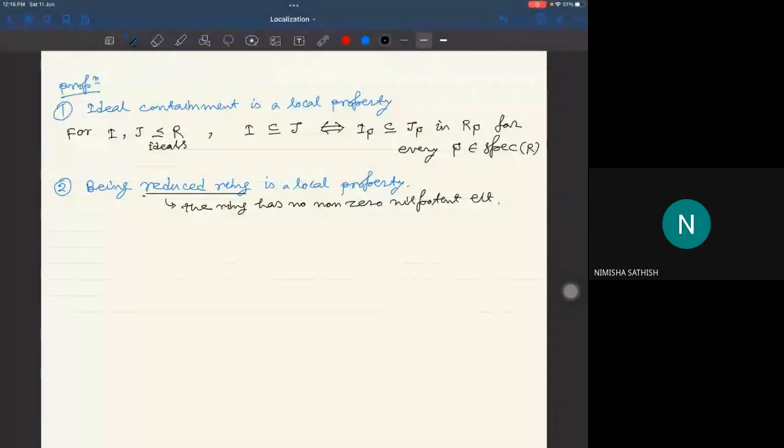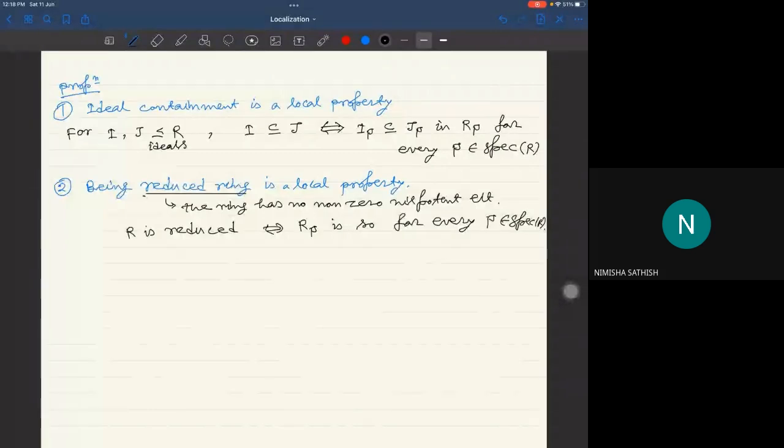So here R is reduced, so this holds for every P belongs to Spec of R. And why this over local rings?